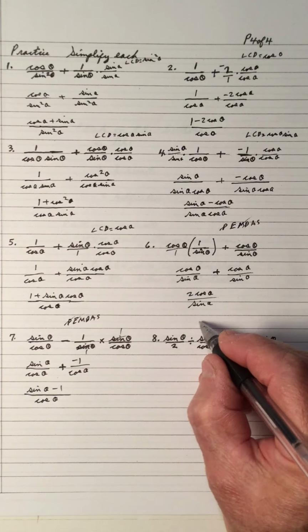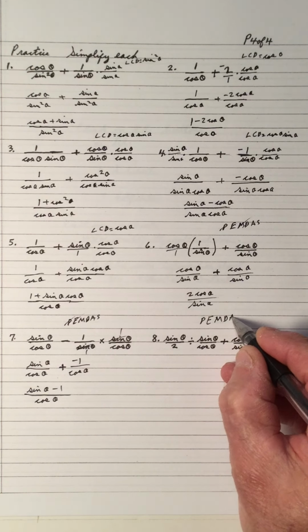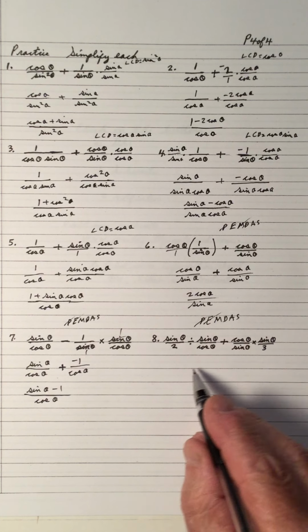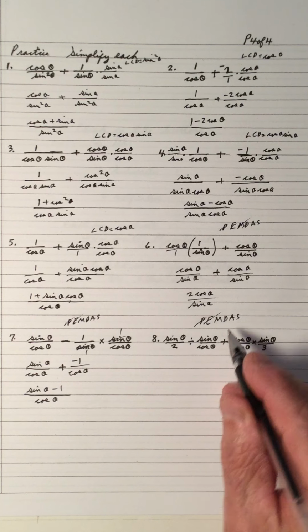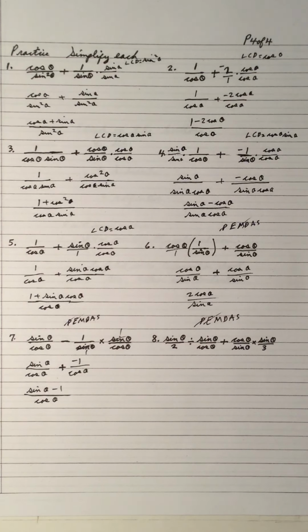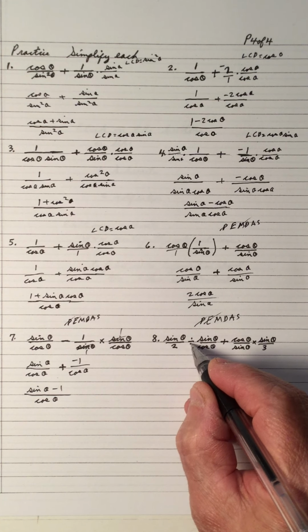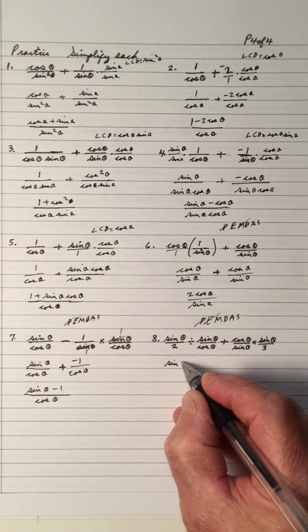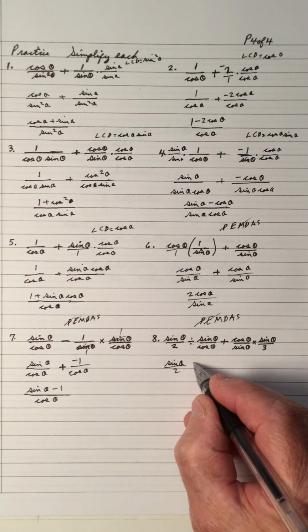And again, PEMDAS, I keep writing it down to make sure you know about the order of operations. There's no brackets, there's no exponents, but we have a division and a multiplication and addition. And we have to do the multiplication and or division left to right. So I have to divide these two and multiply these two. So this is sine over 2, sine theta.